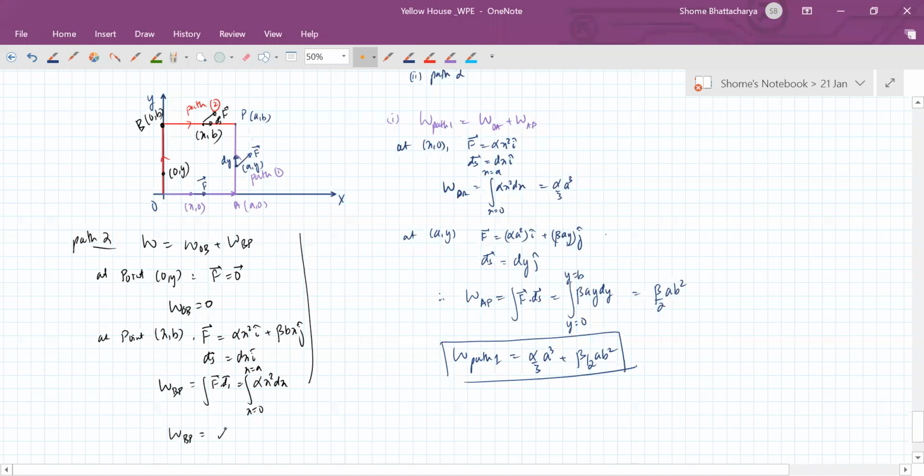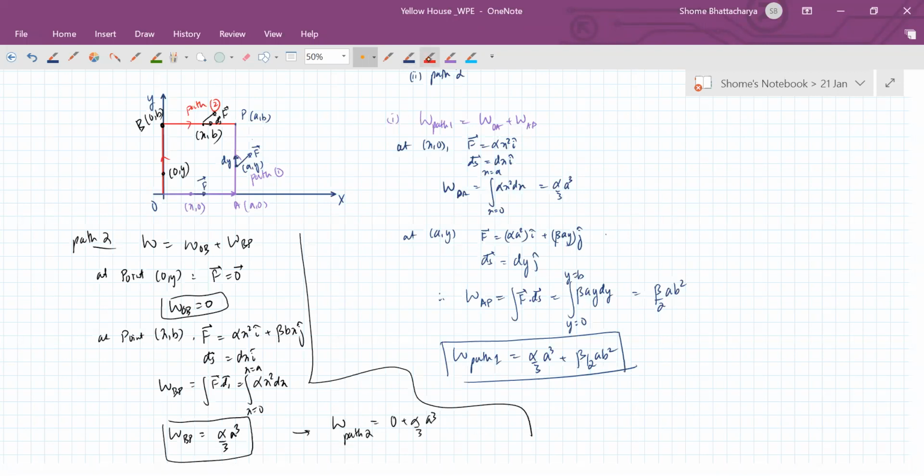This will come out to be alpha by 3 a cube. But this one is 0. So now you can see that the work done in path 2 is 0 plus alpha by 3 a cube.